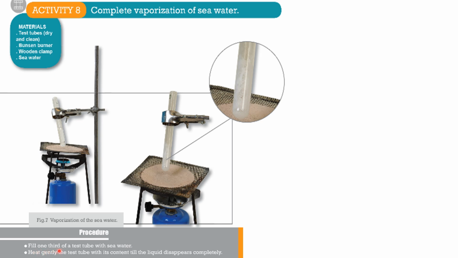Fill 1/3 of a test tube with seawater. One third of the test tube with seawater. Then heat gently the test tube with its content till the liquid disappears completely. So the liquid will vaporize completely.